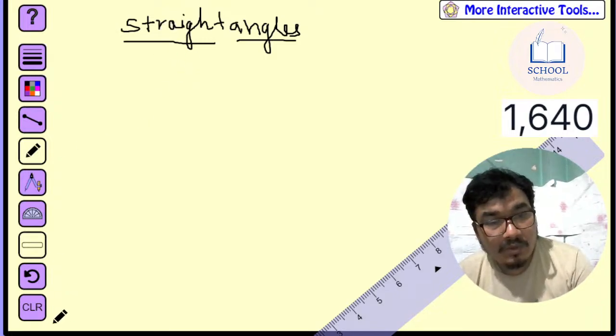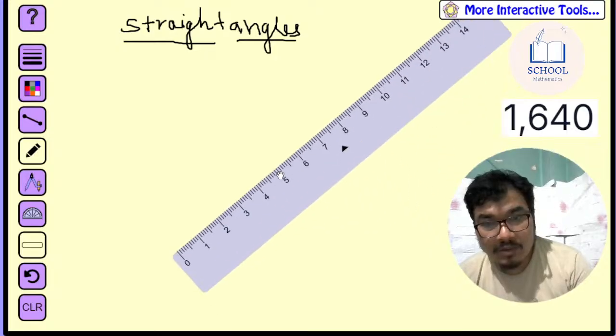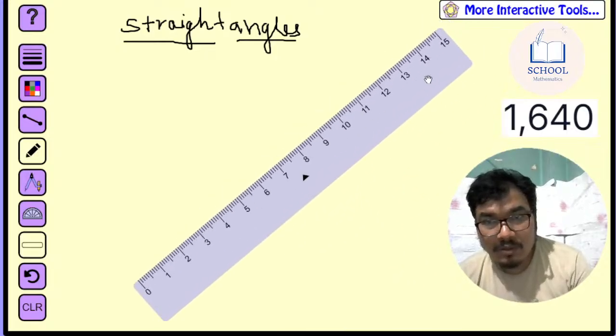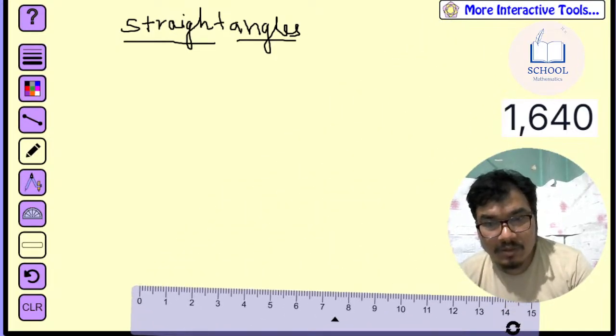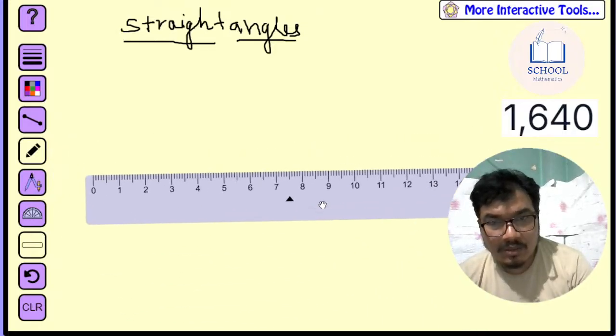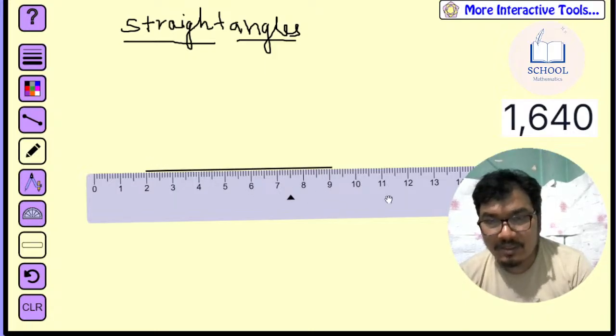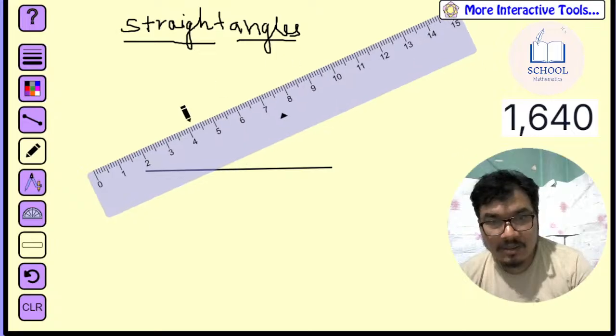Look, I want to draw one figure here. Like this, we draw one horizontal line here, right?